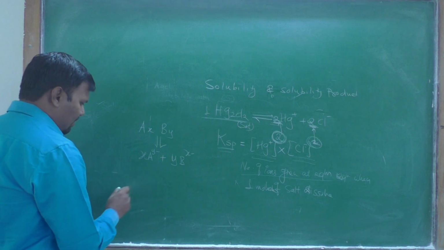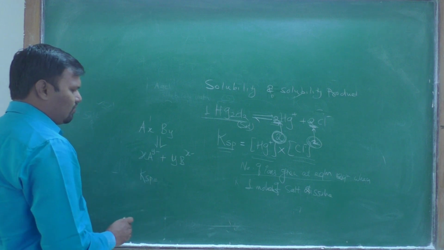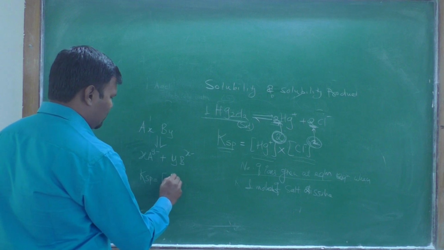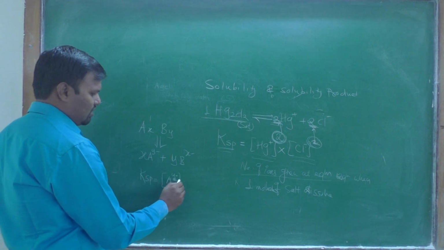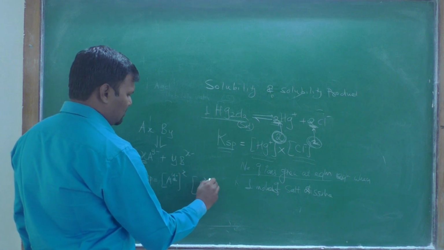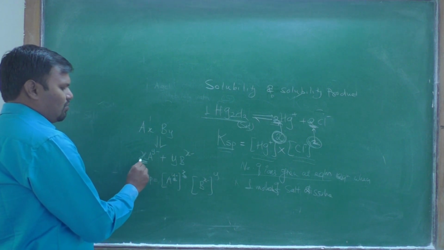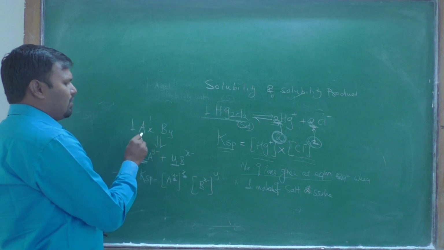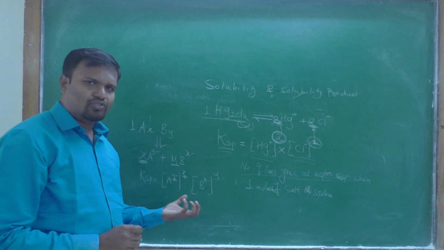Therefore its Ksp, by using the law, can be given as the concentration of A, with its charge y+ raised to x, times B with its charge x- raised to y. This x is the number of A ions produced, and y is the number of B ions produced when 1 mole of AxBy is dissolved in solvent.